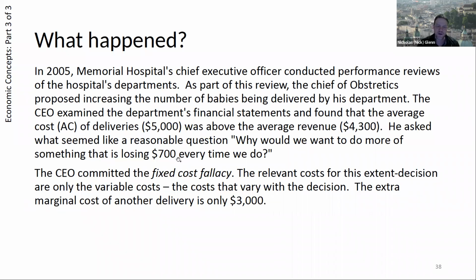Well, here he fell for what's called the fixed cost fallacy. A large part of the cost was fixed. It had nothing to do with adding additional deliveries. If you take a closer look and look at it on the margin, asking how much each additional delivery costs, we found out that the marginal cost of each delivery is only $3,000.